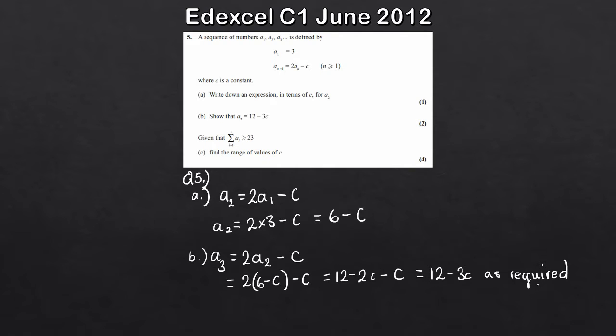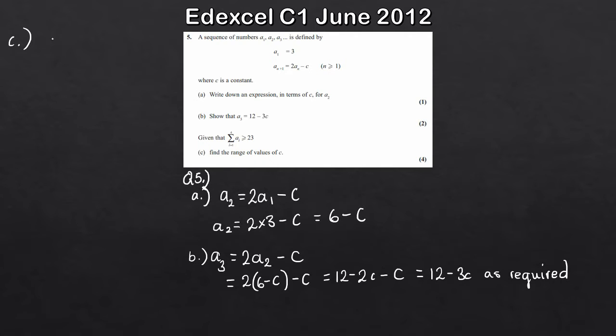Part C then, we're given that the sum of A_i from i equals 1 to 4, just like the last one here, is greater than or equal to 23. So we're asked to find the range of values of C. So if we do that one up here, again, we've got A1, we've got A2, we've got A3. So the first thing we need to do is work out what A4 is, work out the sum then, and then consider this idea that it's at least 23.